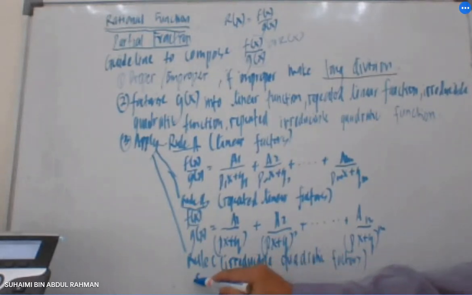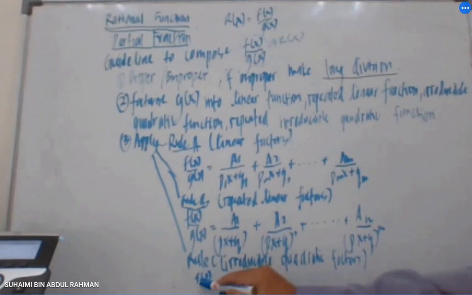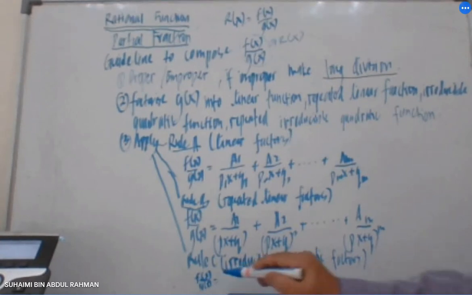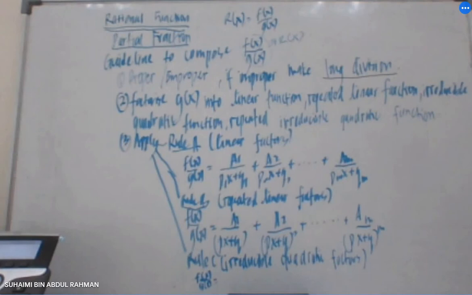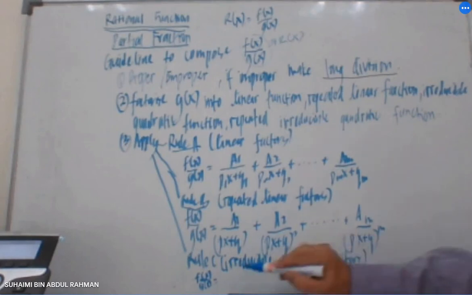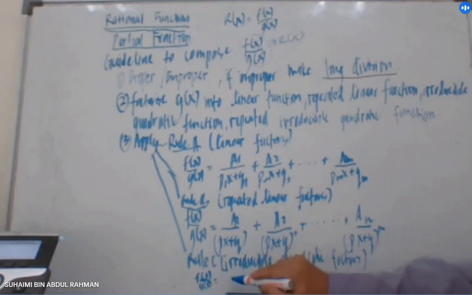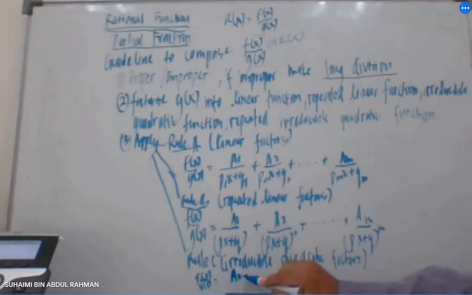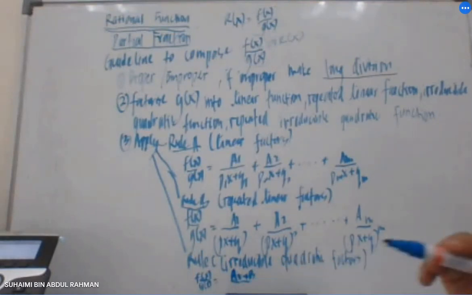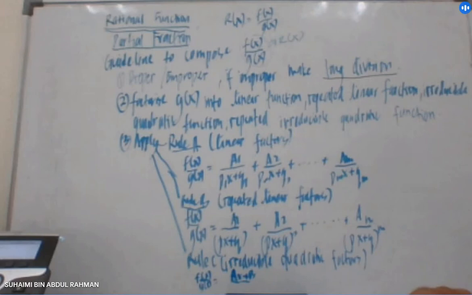So f(x) over g(x) is ax plus b divided by ax squared plus bx plus c, which is quadratic.